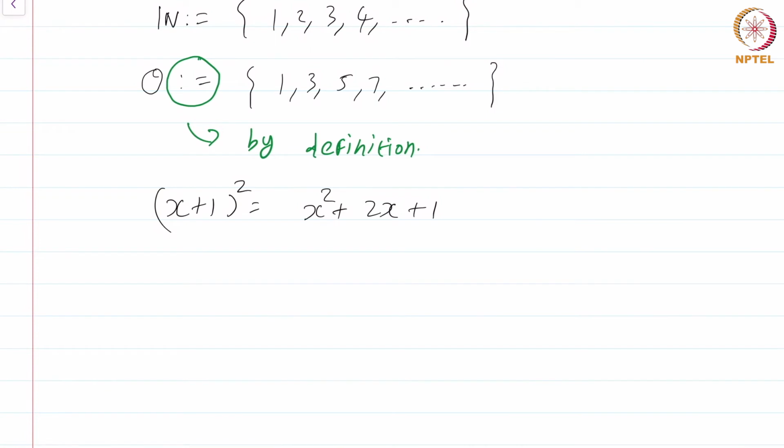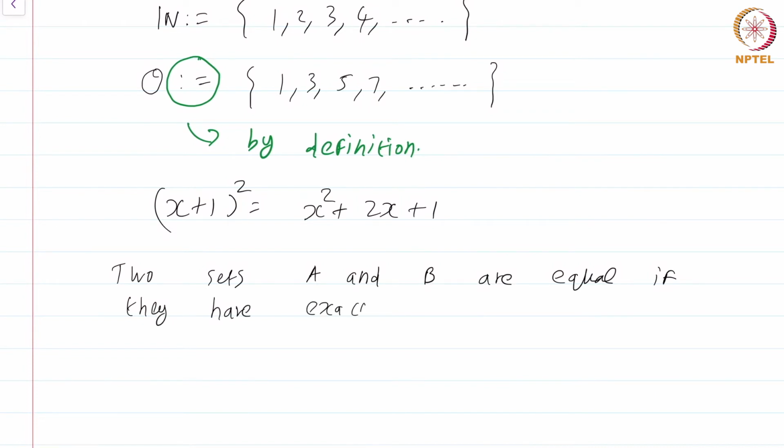First, it should be clear to you that two sets A and B are equal if they have exactly the same elements. Elements are another word for members.